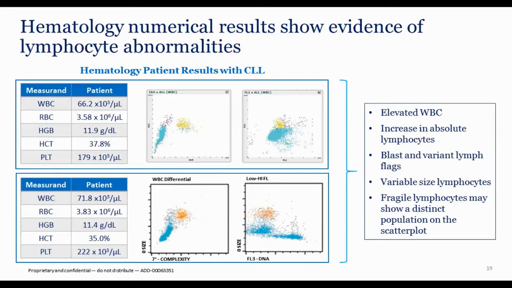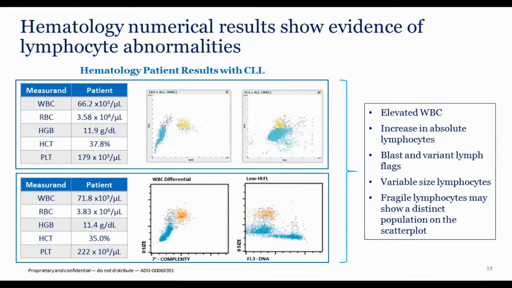So what we'll see in these patients will be an elevated WBC, an increase in the absolute lymphocyte count. Depending on the analyzer that you have, there will be some type of morphological flag. This can range from a blast flag, a variant lymphocyte flag, and other flags based on the analyzer that you have to recognize the population.